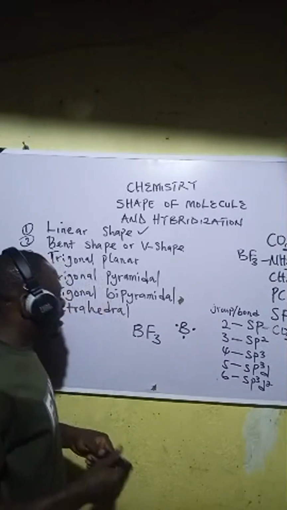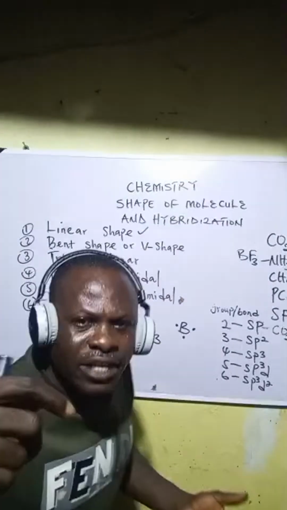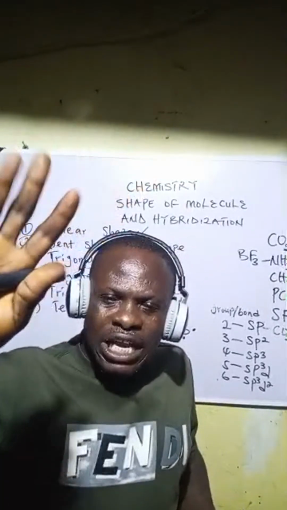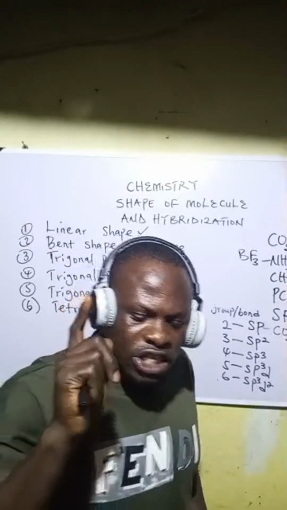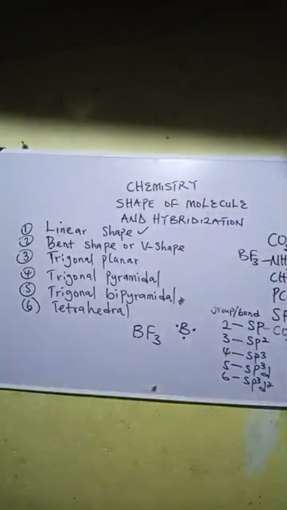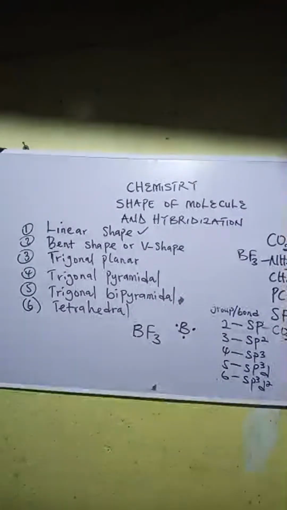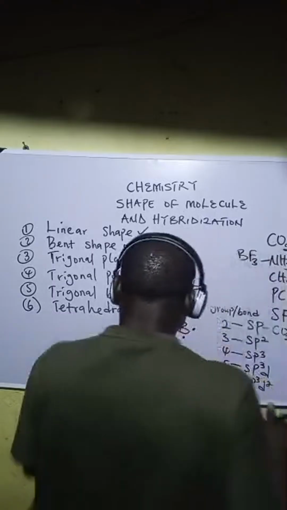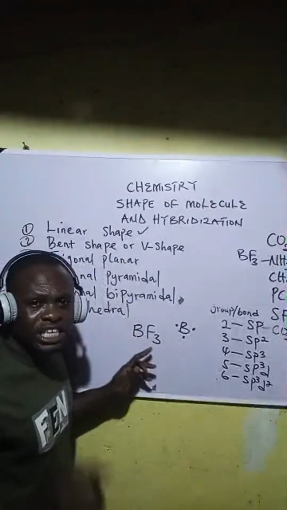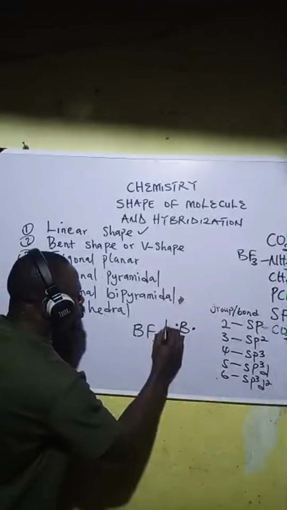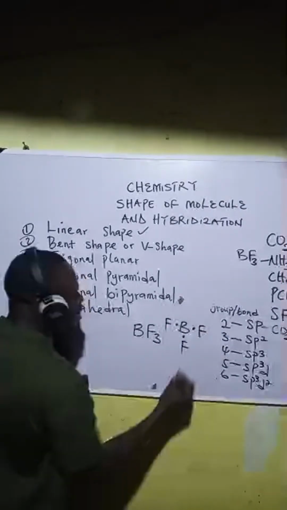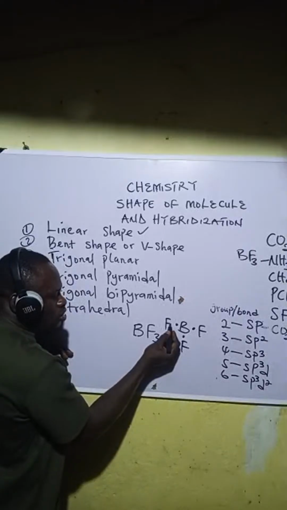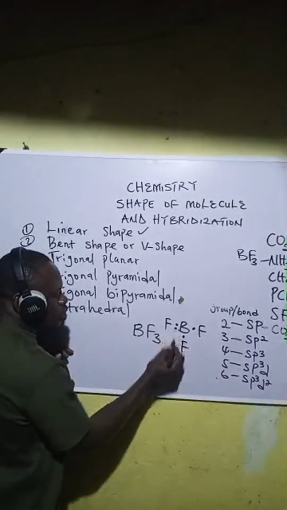Now fluorine, on the other hand, has 7 valence electrons. It means that it needs 1 to complete its shell. Are you following? Fluorine needs 1 to complete the shell. And since it needs 1 and there are 3 fluorine atoms, one will be here, one here, and one here. And boron needs 1 from each.